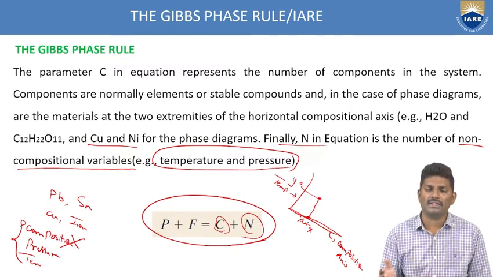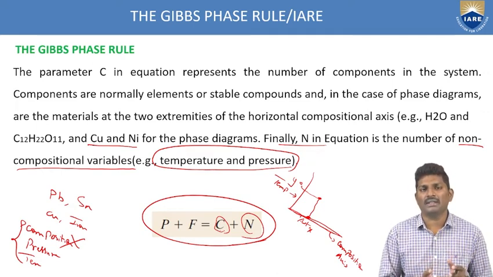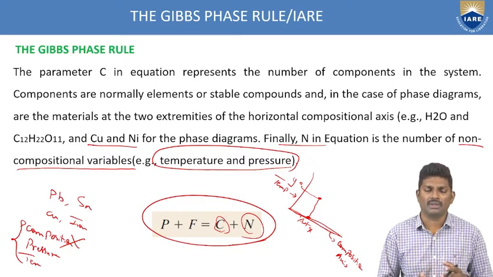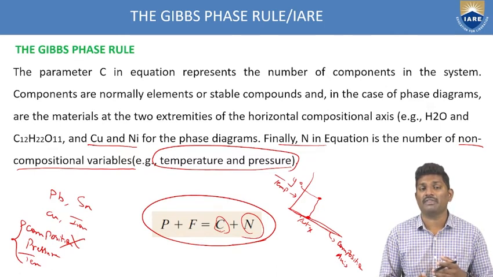Similarly, in another case, if you want to find out the number of components, we can use the same Gibbs rule and identify the number of components. So like that, if you follow the Gibbs phase rule, it is very easy for us to identify the number of phases, the number of components, the variables and non-variables, and also how many degrees of freedom are there.